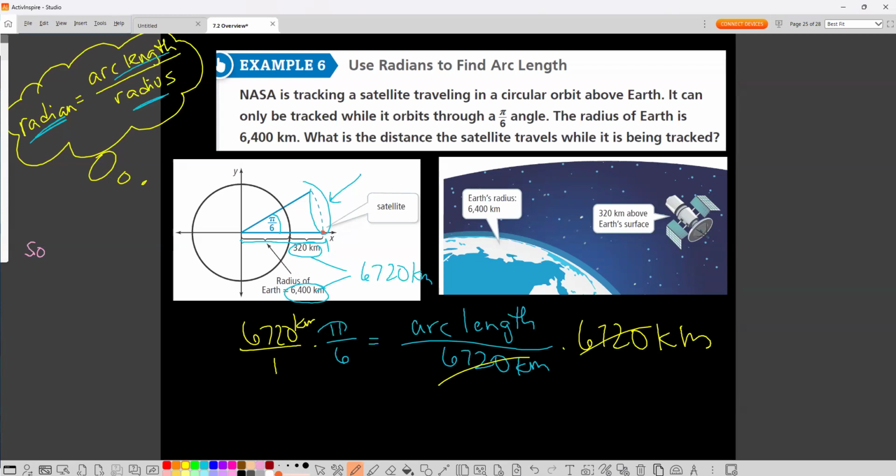I believe it divides evenly. 6720 divided by 6, and you get 1120 pi, because the pi is still there. So when you multiply that all out, the answer is about 3519. So that's going to be kilometers.